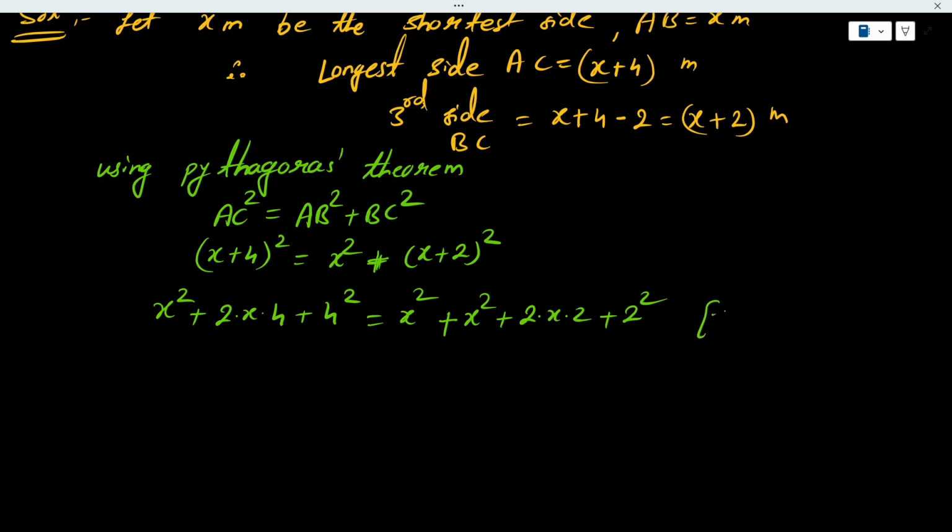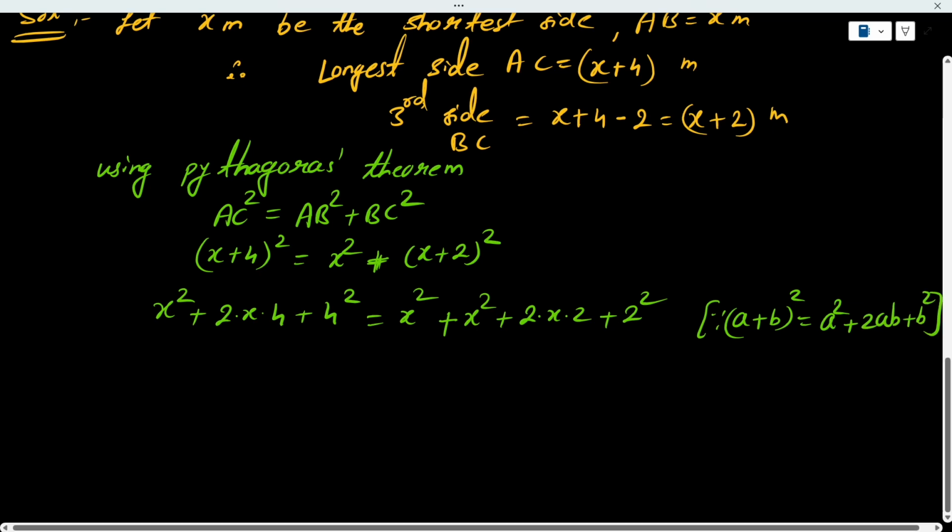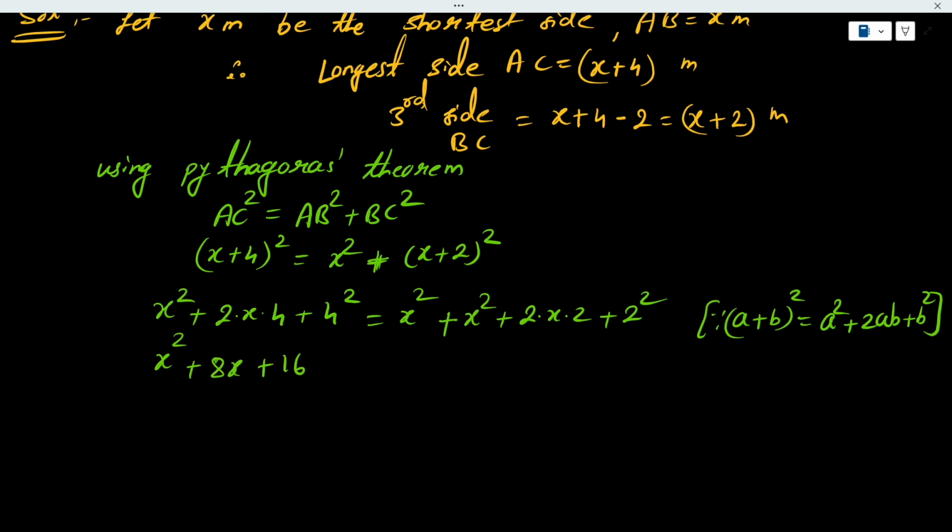Which identity did we use here? Algebraic identity, a plus b whole square is equal to a square plus 2ab plus b square, right? Now after that, do the simplification. x square plus 2 fours are 8, it is 8x plus 16 is equal to x square plus x square will become 2x square plus 4x plus 4.